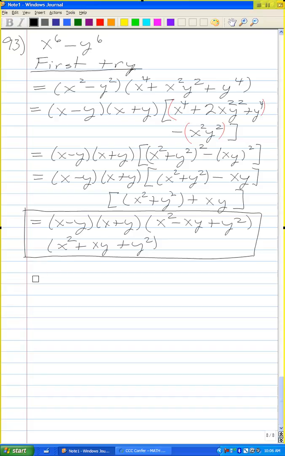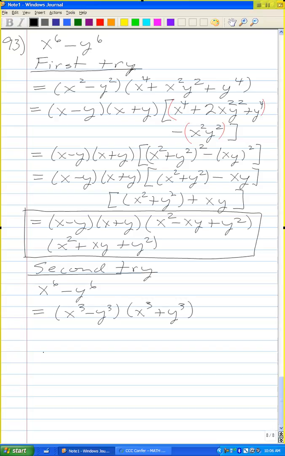Let me do this again. So let me do my second try to factor this. And it turns out that if I'd done it differently, it'd be much easier to actually factor this. So my second try, x to the 6 minus y to the 6. Rather than doing this first as a difference of cubes, let's do it as a difference of squares. So x cubed minus y cubed times x cubed plus y cubed.